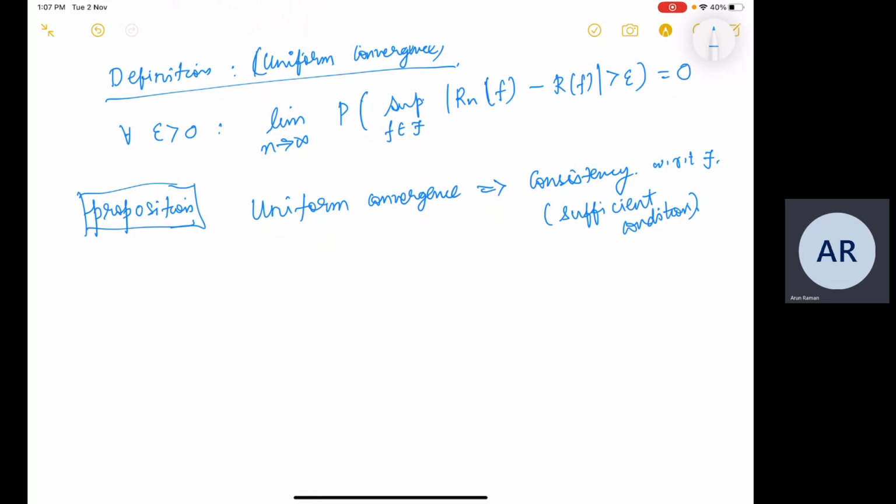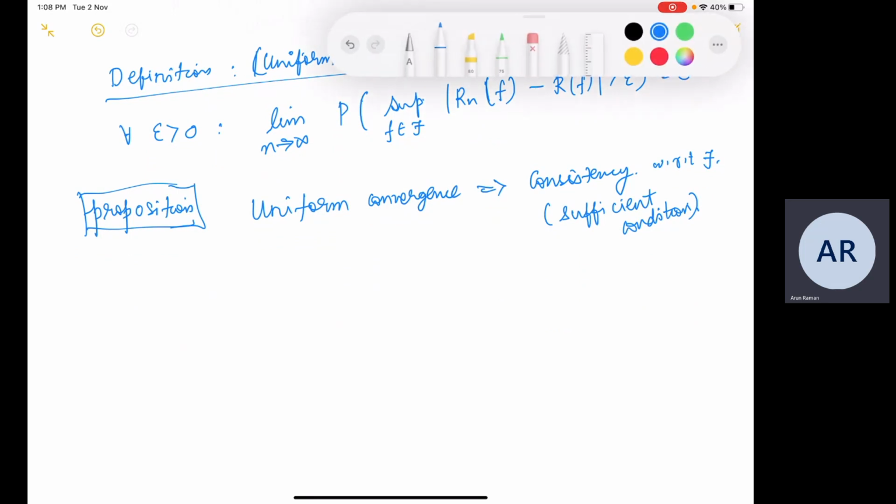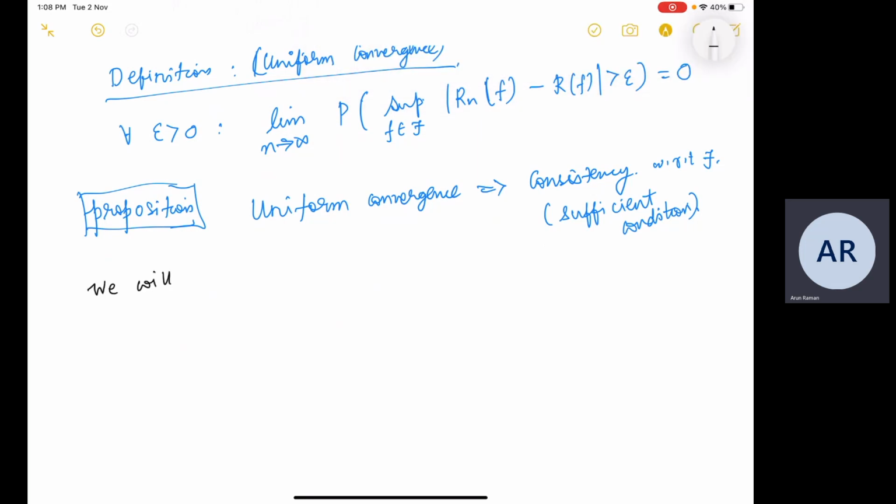Now to prove this proposition, the proof is quite elementary. It just uses the definitions.